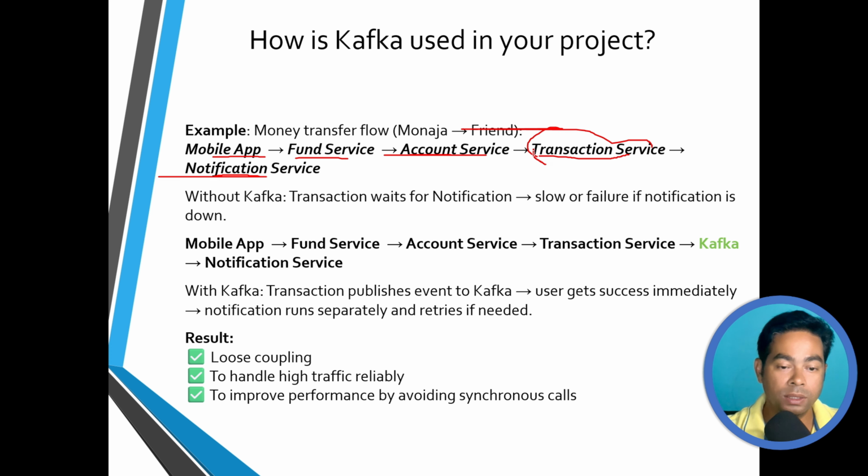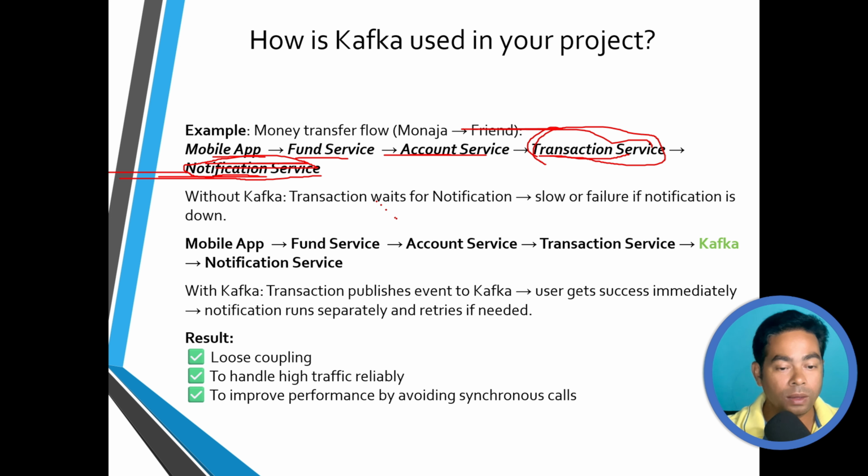If one service depends on another service, that means the transaction service did the job, sends a notification message and waits for the response on whether the message was really received by the user or not. So for this kind of event driven activity, like a transaction happened, an event happened, instead of using a REST service call or synchronous call, you will make use of an asynchronous call.